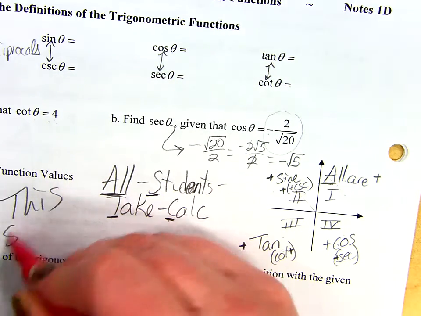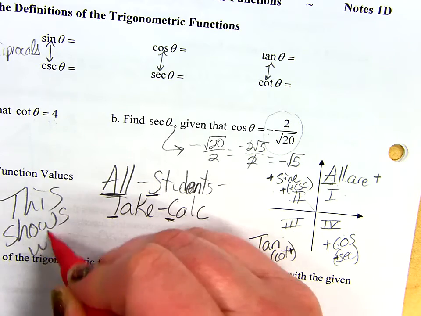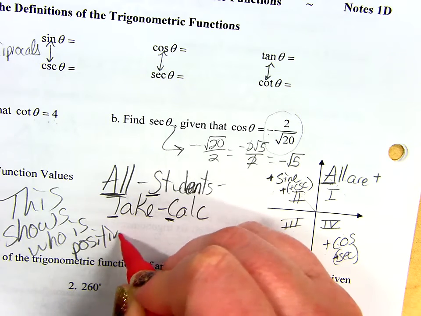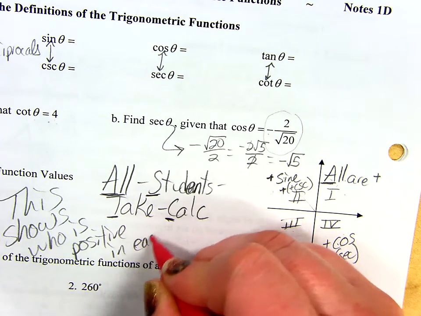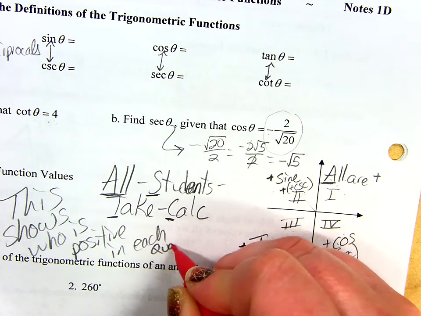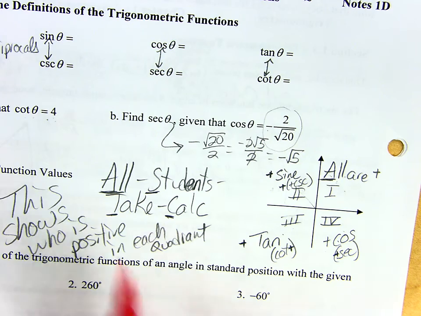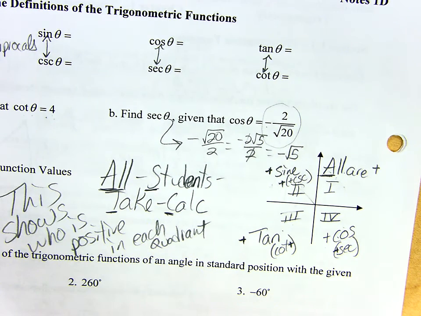This shows who is positive in each quadrant: first, second, third, fourth. Does that make sense so far?